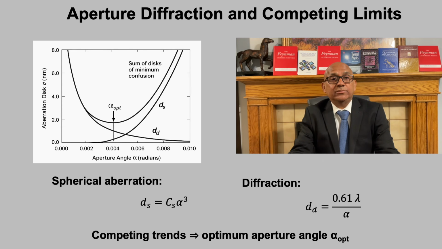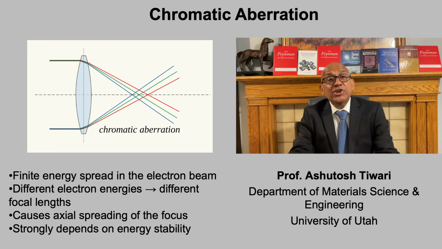In addition to spherical aberration, electron lenses also suffer from chromatic aberration, which arises due to the finite energy spread of the electron beam. Not all electrons emitted from the source have exactly the same kinetic energy. Because the focusing strength of a magnetic lens depends on the electron velocity, electrons with different energies are focused at different axial positions.